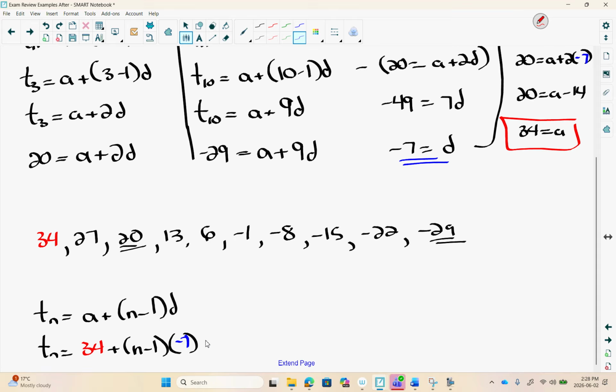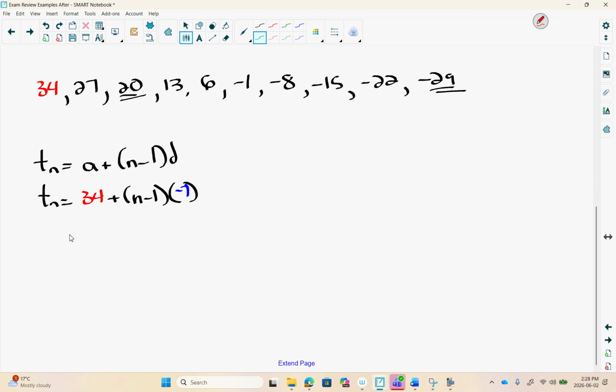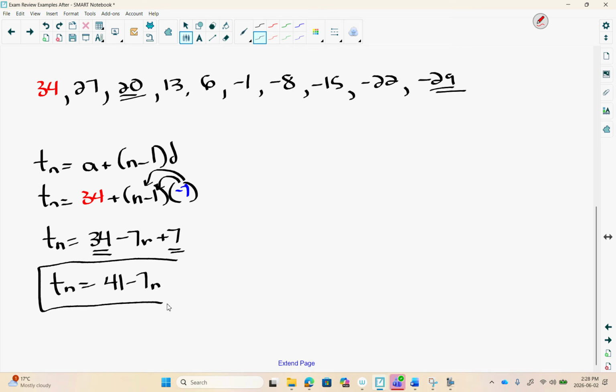When I simplify this, I end up with Tn equal to 34, this would be minus 7n, this would be plus 7. Group your like terms. 34 plus 7, that's 41, minus 7n. And that's the general term.